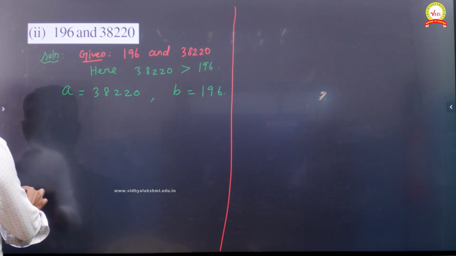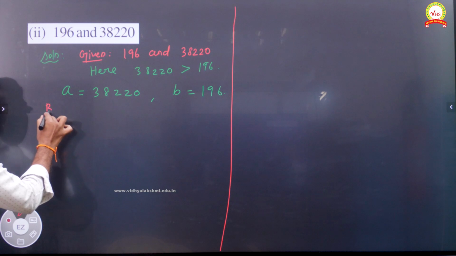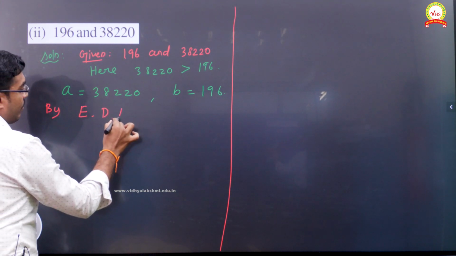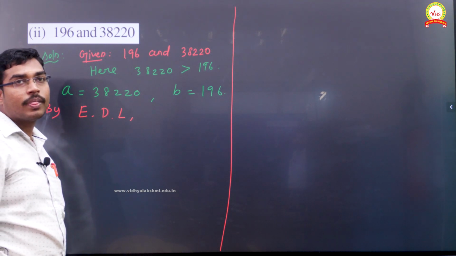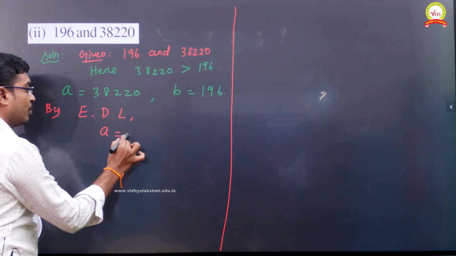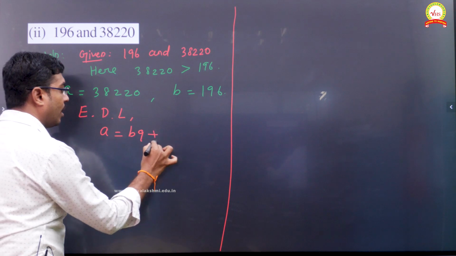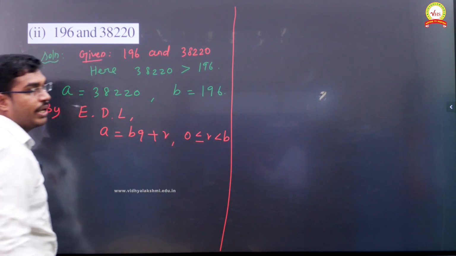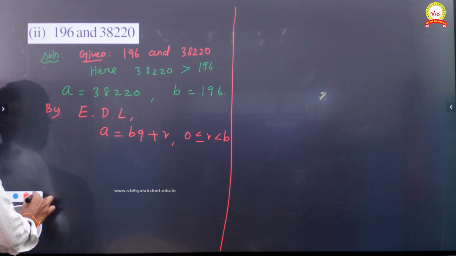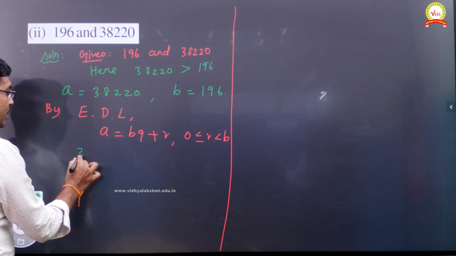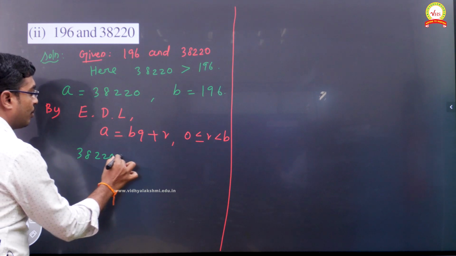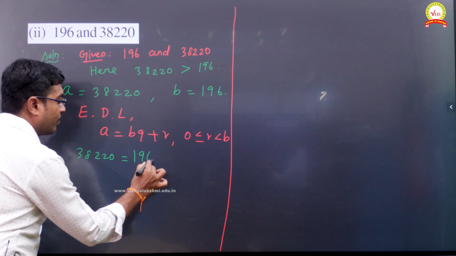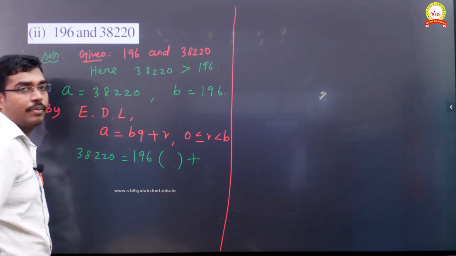Okay. So write the formula by using Euclid division lemma. So what is the formula? A equal to BQ plus R, 0 less than or equal to R less than B. Yes, my dears. So apply here: 38220 equal to, what is the value of B? 196, into quotient plus remainder.